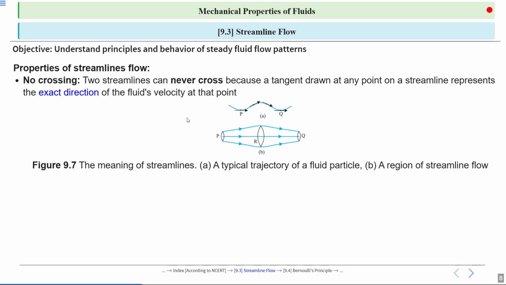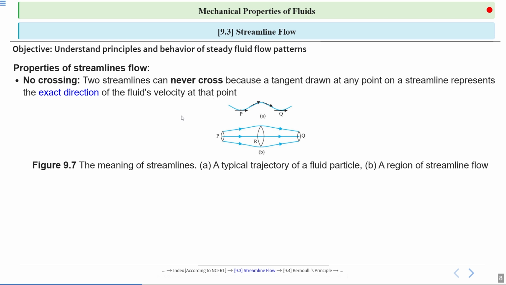At any point along a streamline, the direction of the fluid's velocity is exactly along the tangent to that line. Look at figure A. At point P, if you want to find out the direction, draw the tangent here. Similarly, at point Q. Alright.